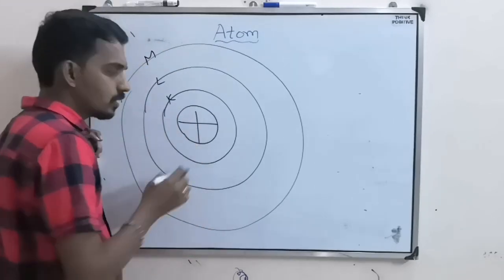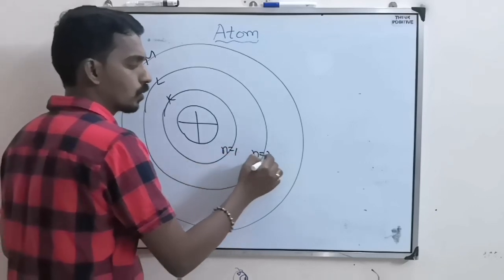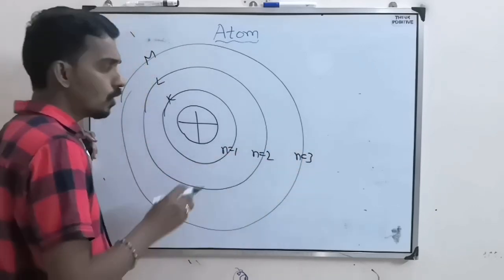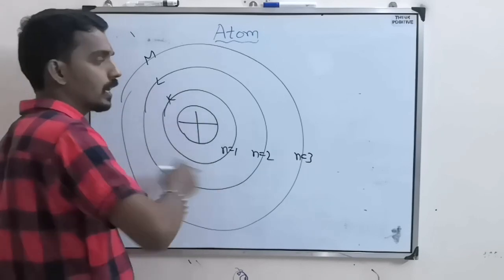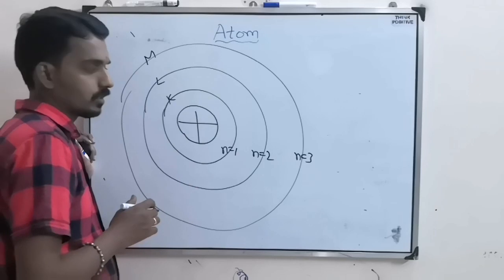So in these orbits, n equal to 1, orbit number 2, 3. So in circular orbits, the electrons revolve around the positive nucleus.